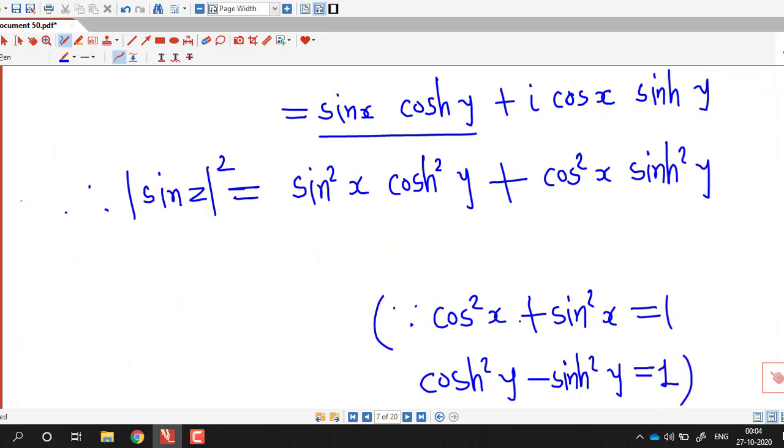So I will replace cos²x by 1 minus sin²x, and cosh²y will be replaced by 1 plus sinh²y.